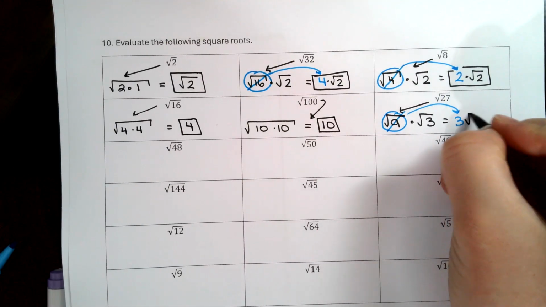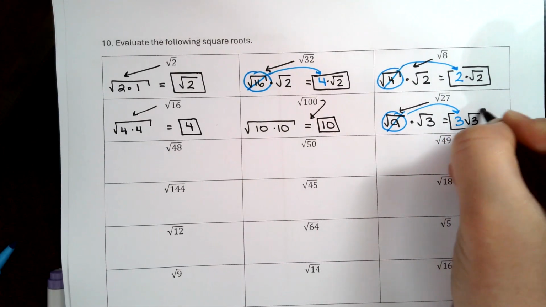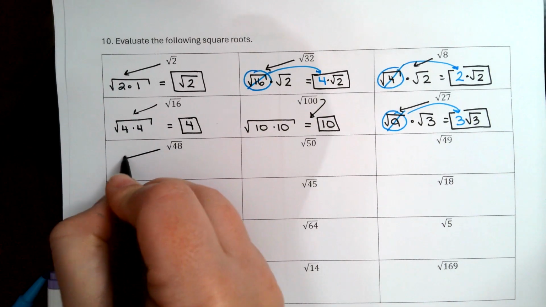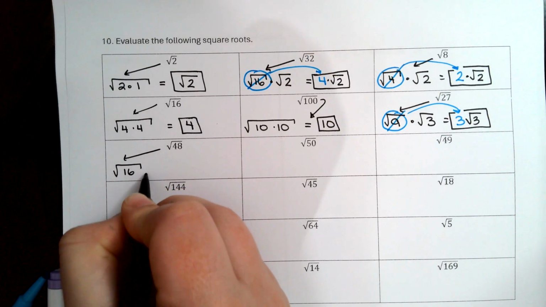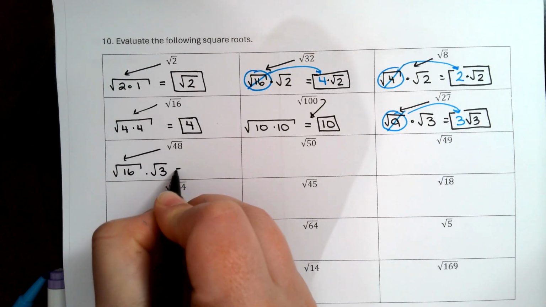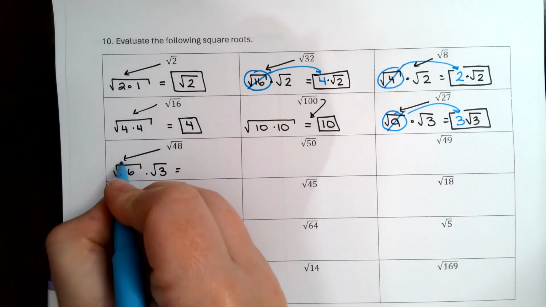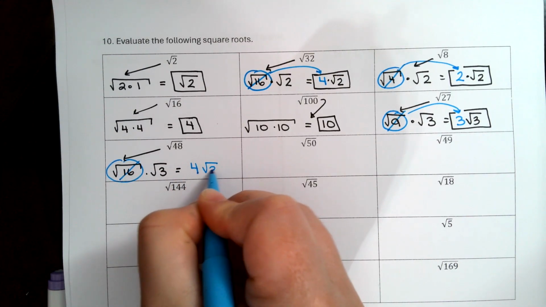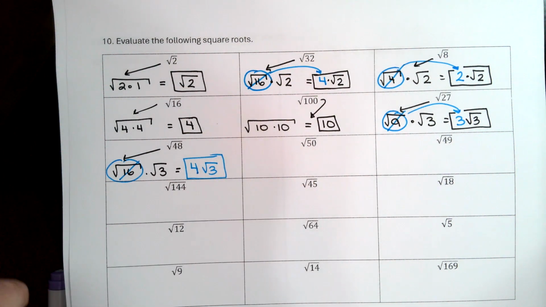So our answer is going to be 3 root 3. 48 can be simplified into 16 and 3. Again, what is the square root of 16? That is 4. So we get 4 root 3 as our answer.